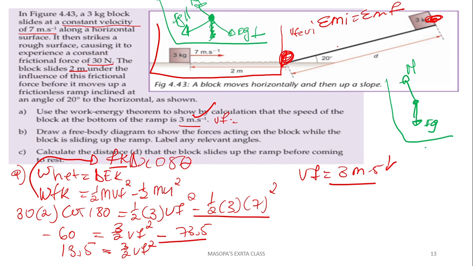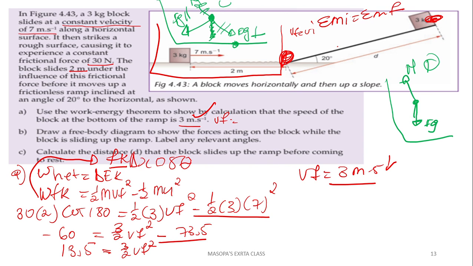You use this one because you resolve the Fg into its components. The normal force and Fg perpendicular act at 90 degrees to the surface, so they produce zero work done. That means the force that is doing work there is Fg parallel.